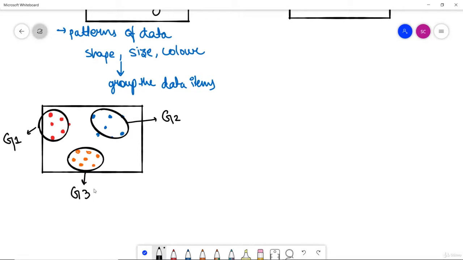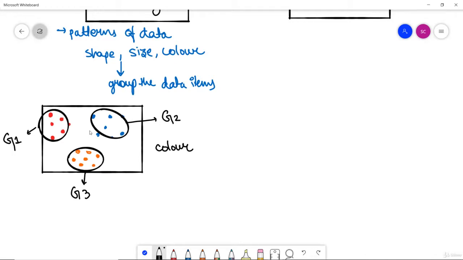So what we have done is made several clusters, or let's say patterns, where we can identify the data, and here we have done it on the basis of color. Similarly, if I draw certain patterns, let's say circle, triangle, rectangle, and then the clusters are made, they will be called clustering on the basis of shape.